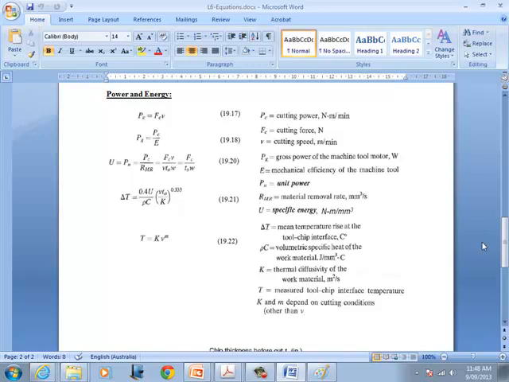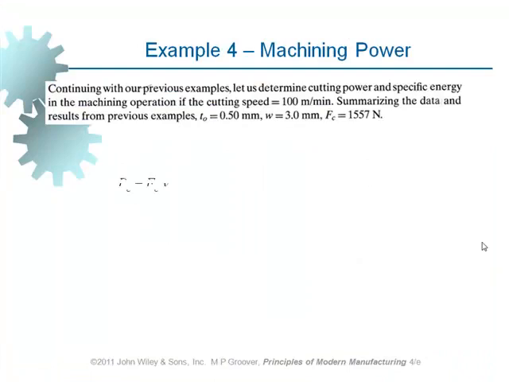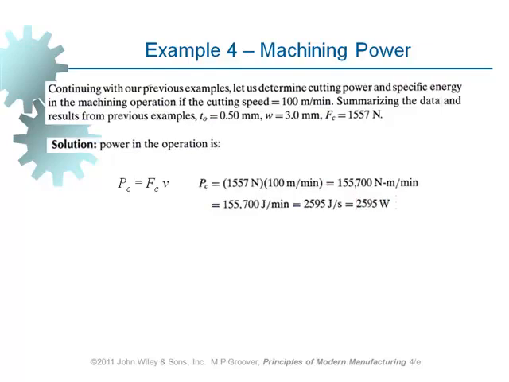Okay. FC, is FC given? FC is given in the statement of the problem, and V is also given. So it's not hard to make use of the right equation, which is this one, right? Which relates FC to machine power, and as V is given, FC is also given. All we need to do is to substitute the values in order to compute the required power for machining operation.